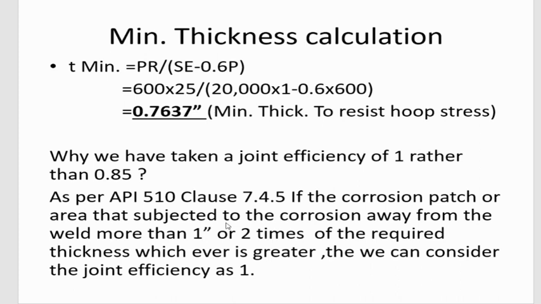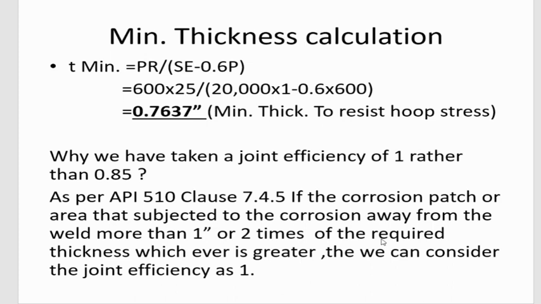Why? Because as per API 510 clause 7.4.5, if the corrosion area is away from the weld by more than 1 inch or 2 times the required thickness, whichever is greater, then we can consider the joint efficiency as 1.